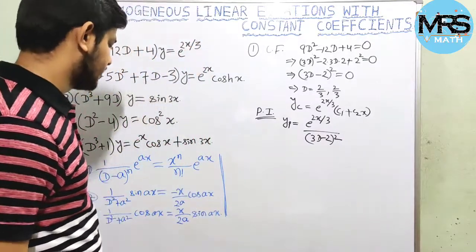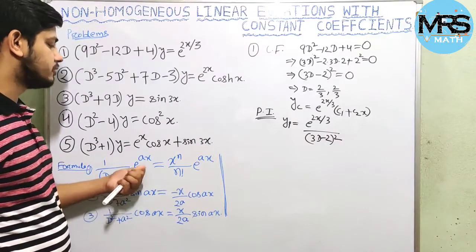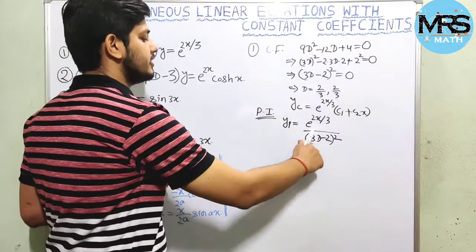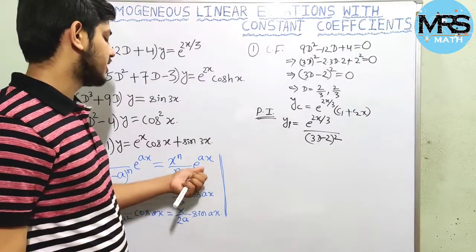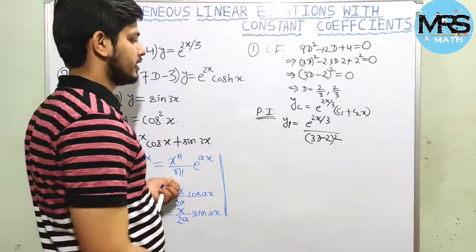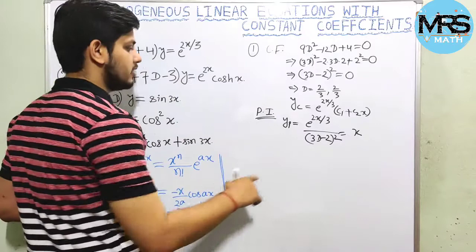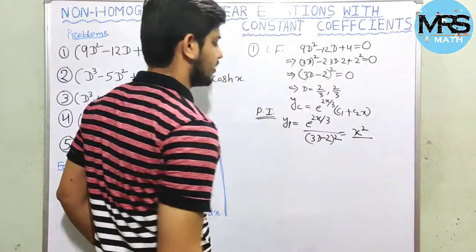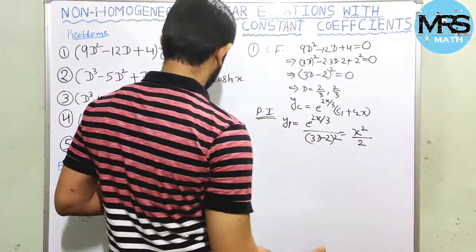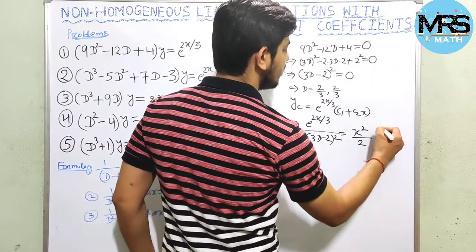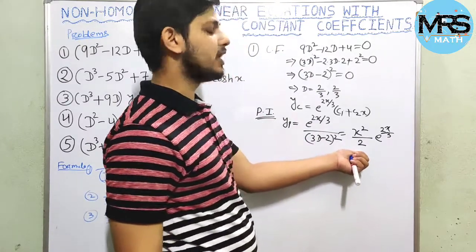To avoid this problem, we apply this formula: 1 over (D − a)^n e^(ax). If this denominator is coming 0, then we apply x^n over n factorial e^(ax). Here n is 2, so we can write x² over 2 factorial, that is 2, into e^(2x/3). So this will be our particular integral.